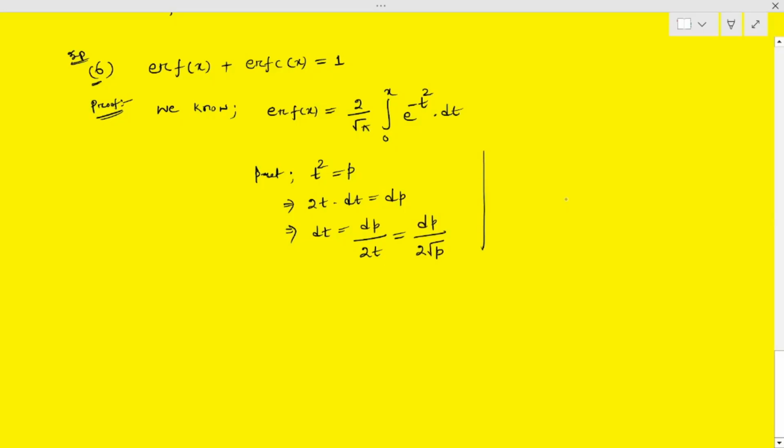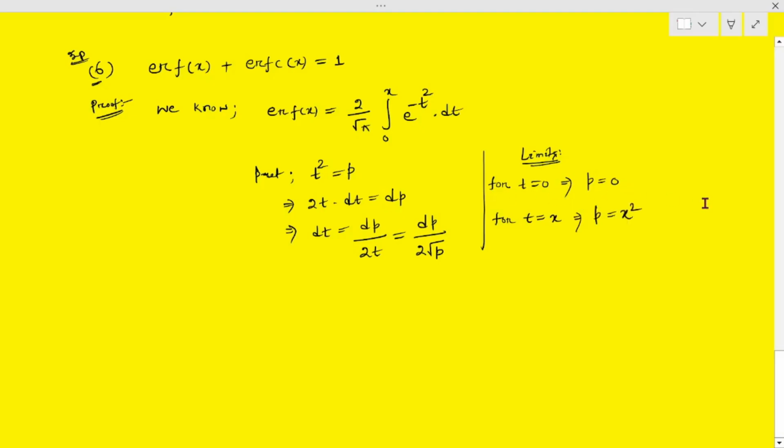Now we are going to check the new limits. For t equal to 0, that implies p also will be equal to 0. For t equal to x, the higher limit, that implies p will be x square.